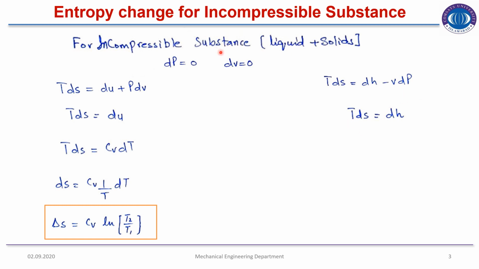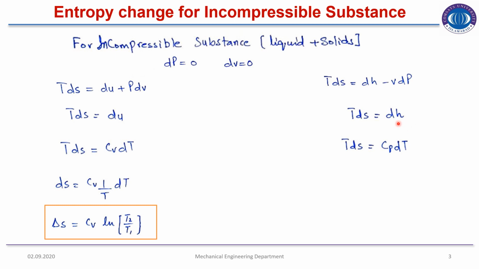For an incompressible substance, as dP, the change in pressure, is equal to 0, the second term of the main equation, which contains VdP, will cancel out. So the formula is reduced to TdS is equal to dH.